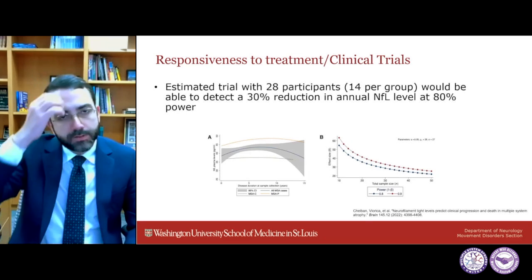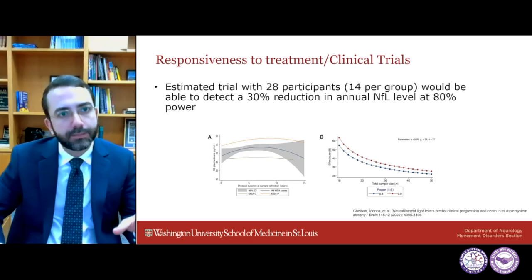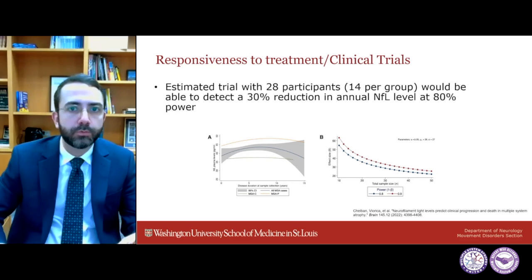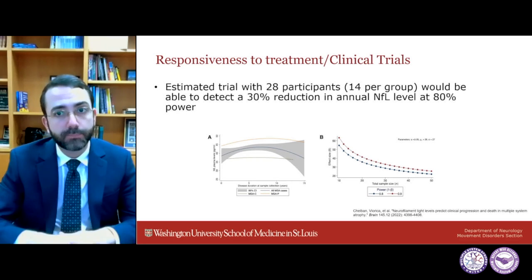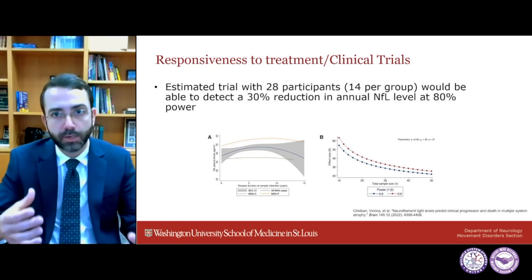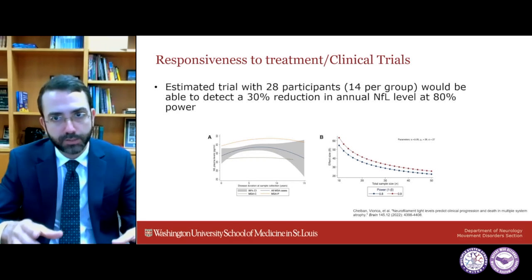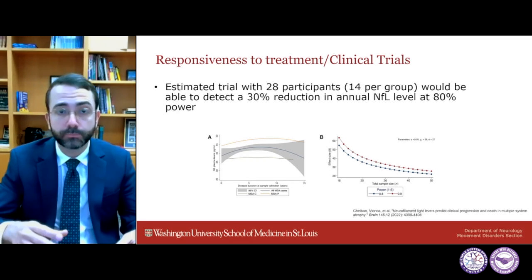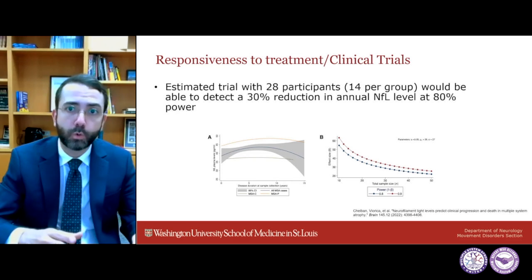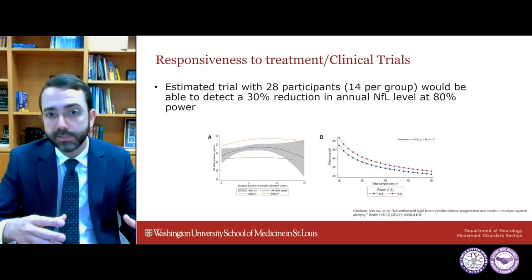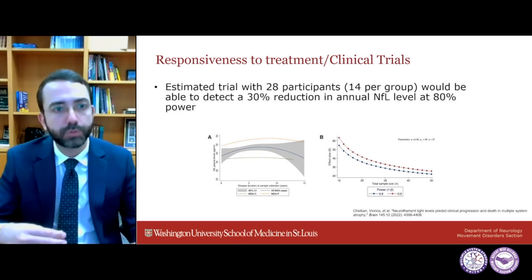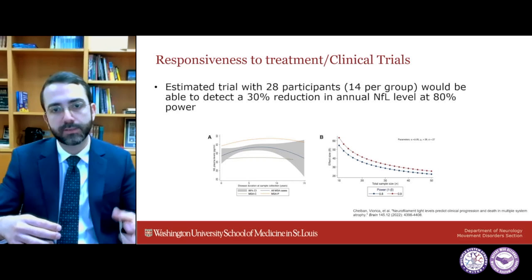In the study by Shelban, published in Brain, they did estimate how a clinical trial would be designed if we use neurofilament light chain as a biomarker. And if we expected a 30% reduction in the annual neurofilament light chain levels, we could potentially enroll 14 patients in each group, with a total of 28 participants in this clinical trial, which would be a very reasonable number of patients.